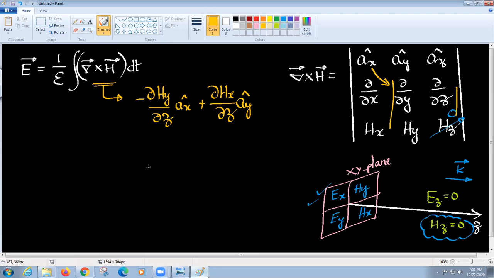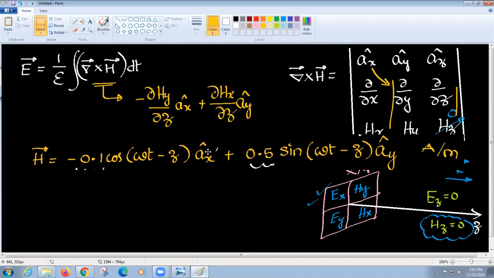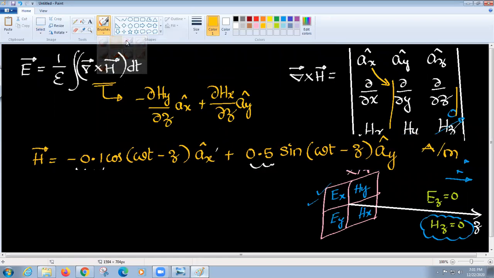So what is my Hy? I just compare with this now. What are the expectations for Hy? This is the Hx component and this is the Hy component. So this is my Hy.